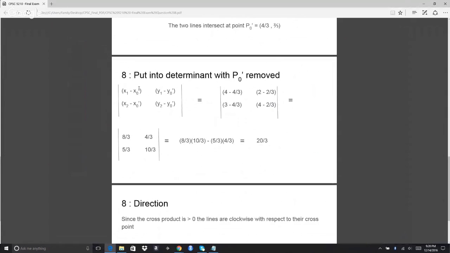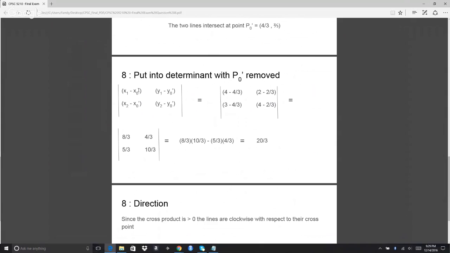We'll now put these new points into a determinant and subtract out their common point, P0 prime. So here, this is kind of a functional form. What we're really doing is removing P0 prime's influence from both of these lines.